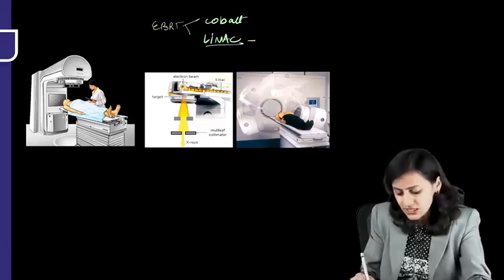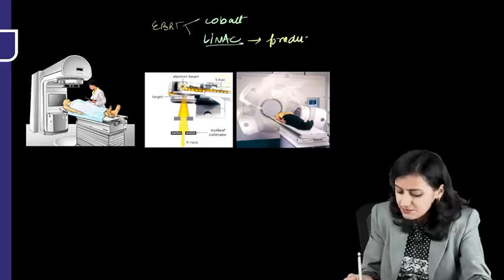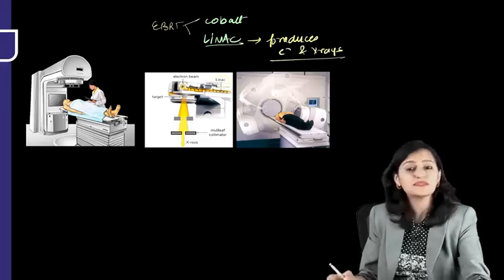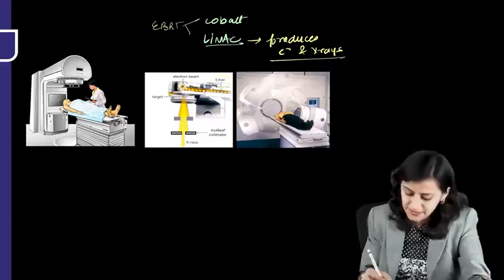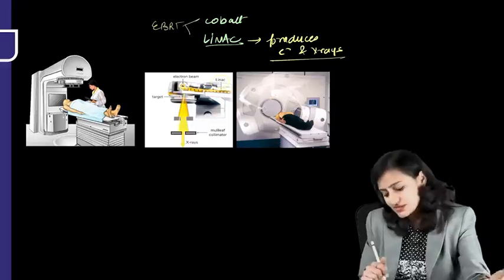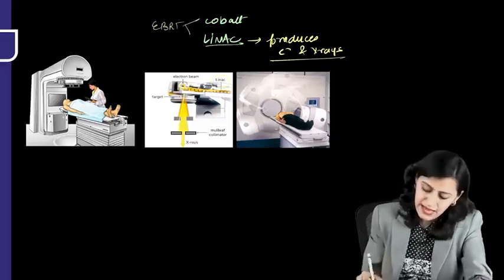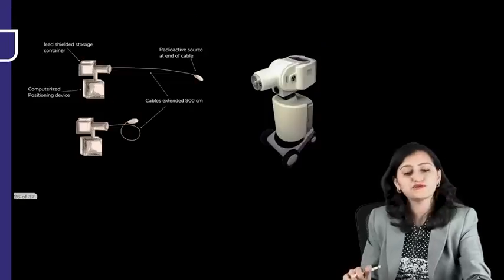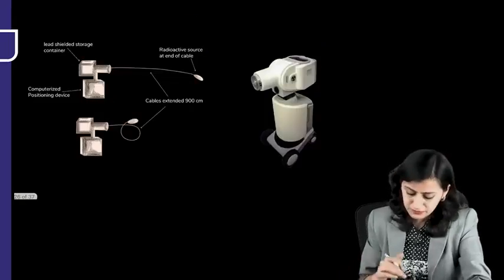Remember that this LINAC produces electrons and X-rays. In the LINAC, we have a fast moving electron beam which produces these X-rays. This is the one most commonly used for radiotherapy now.